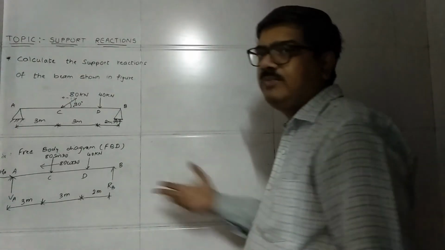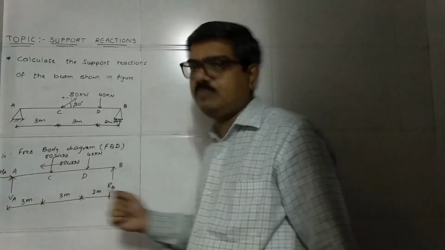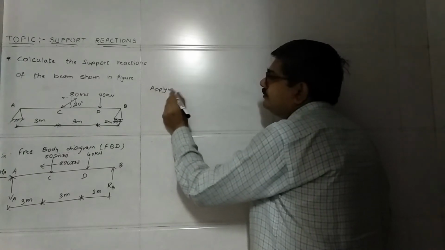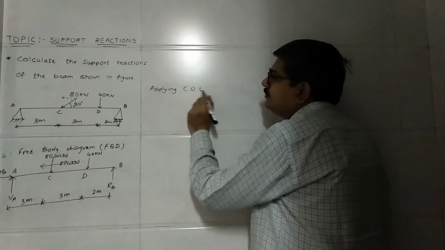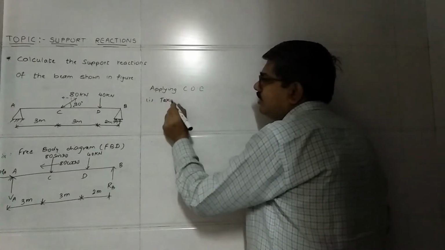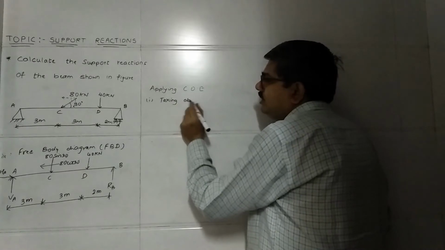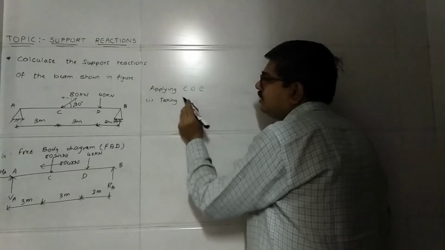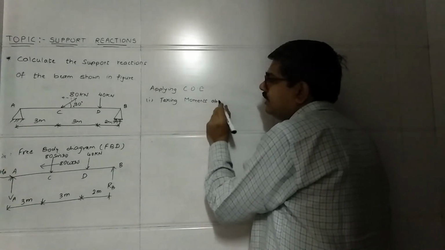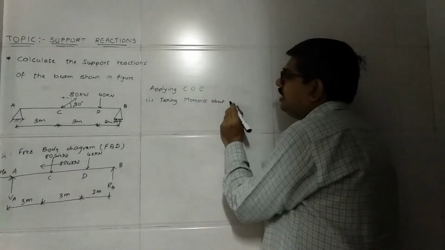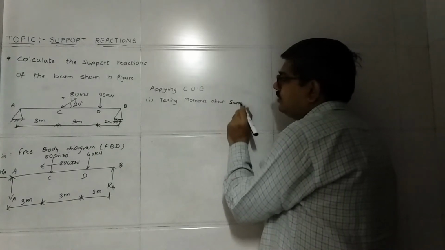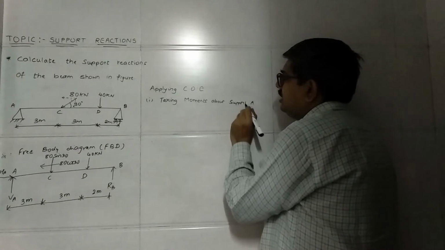So how can we find them? By applying the conditions of equilibrium. First condition, taking moments about A. Always remember, whenever there is a simply supported beam, you have to take moment about its left hand support, that is A here.